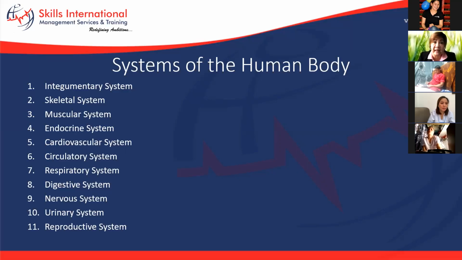Respiratory system is about the lungs, the breathing system. Digestive system is about the gastrointestinal tract. It's all about the stomach canal. Nervous system is about the nerves. And urinary system is about urine and the structure.